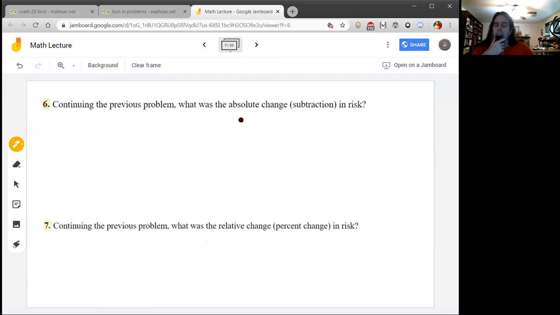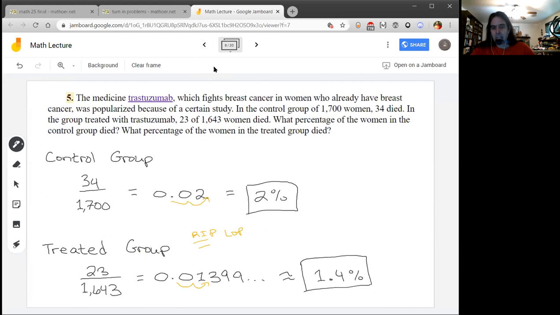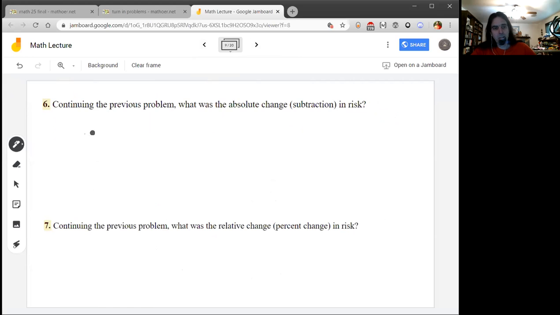So what's the absolute change? As you mentioned last time, one of the two perfectly normal ways to talk about what's more than something else is subtraction. So 2% minus 1.4% would be 0.6%.